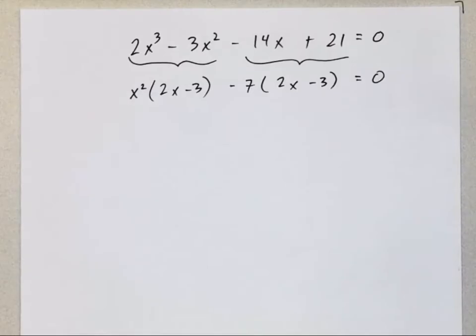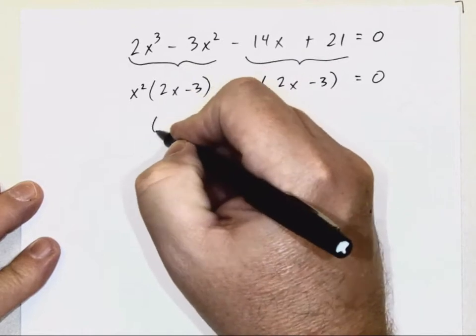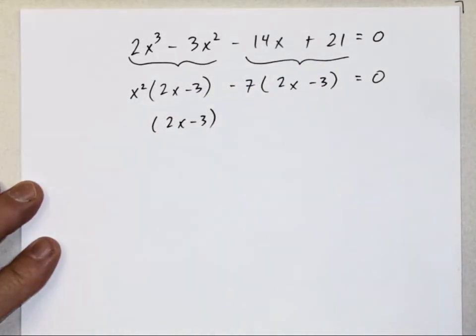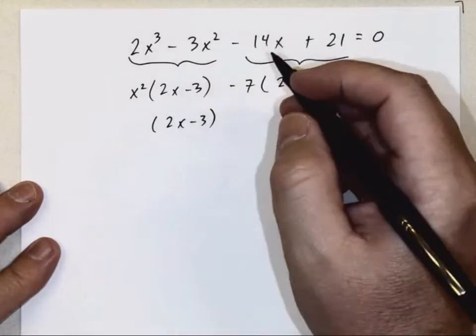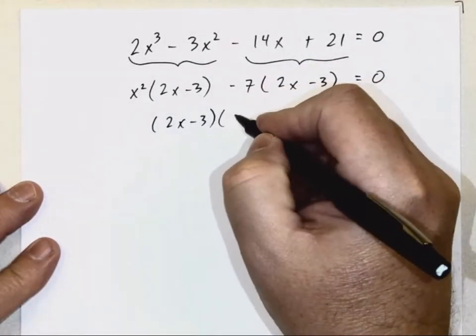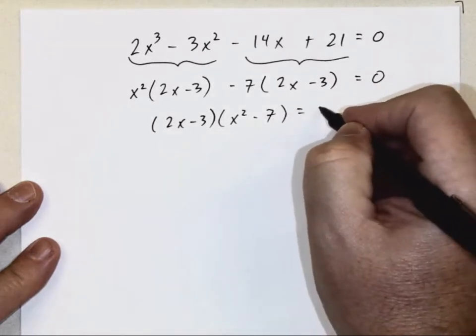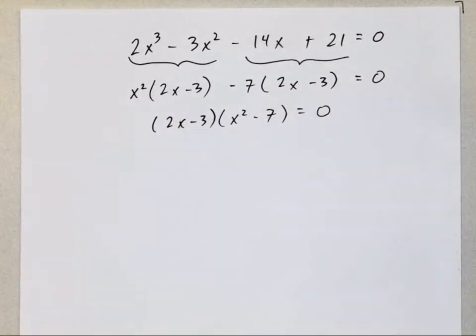Now, factor by grouping is going to work after this step if we have the same stuff inside the 2 parentheses. Because if we do, then we can go ahead and factor out the whole parenthesis. And then we have this equation itself. So now we've factored it.